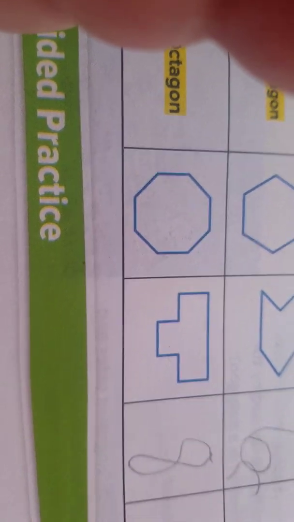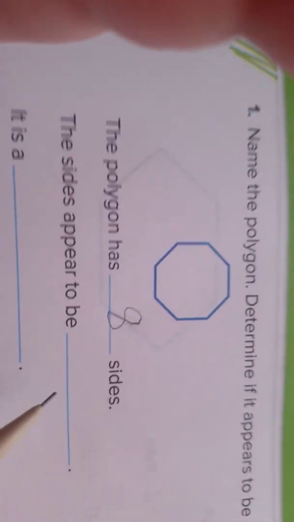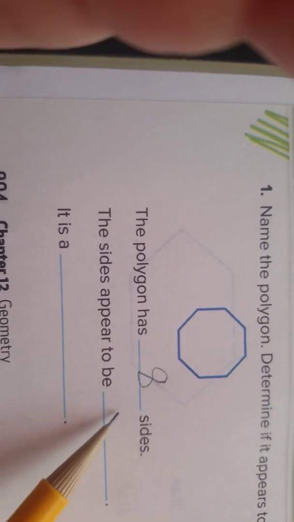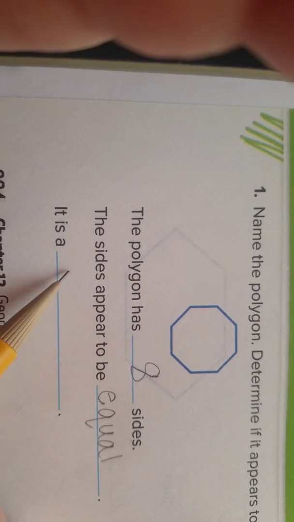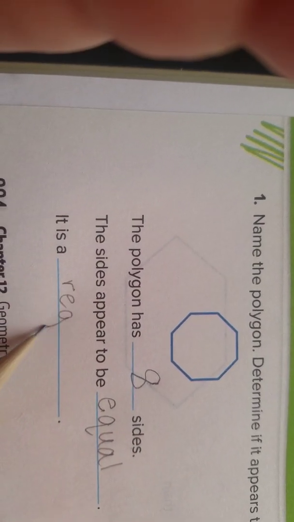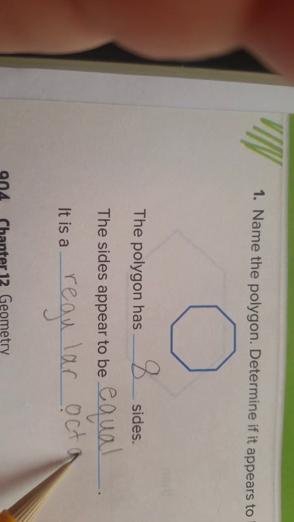Let's go up to the regular octagon. It has 8 sides. Does the regular octagon and this look the same? It sure does. Sides here appear to be equal, so it is a regular octagon.